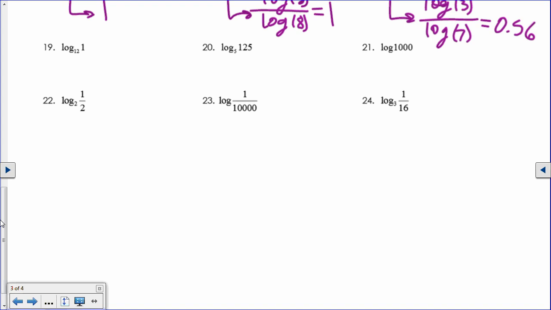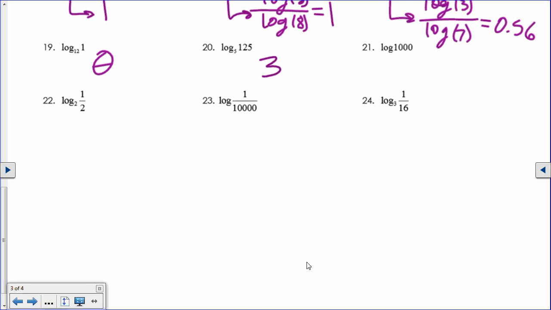All right, somebody willing to volunteer. What did you get for 19? Melissa? I got 0. Yep. Everybody good with that? Okay, next one. Number 20. 3. Everybody get that?